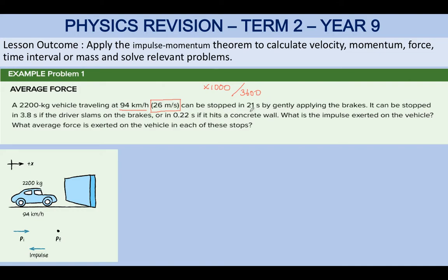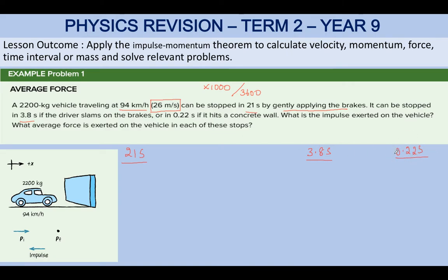All right, it can be stopped in 21 seconds by gently applying the brakes. It can be stopped in 3.8 seconds. So notice the difference. This is 21 seconds, the stopping time, or it could also be stopped in 3.8 seconds, approximately 5 times smaller, if the driver slams the brakes, or in 0.22 seconds if it hits a concrete wall.